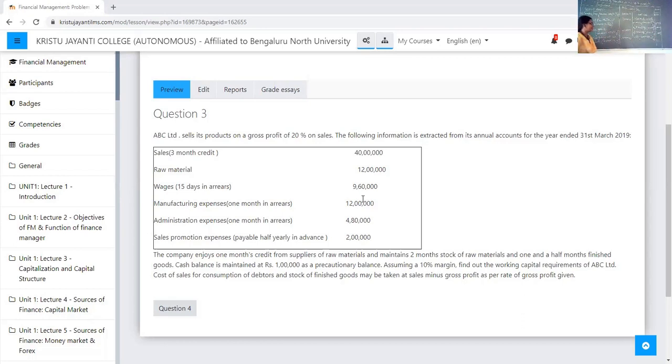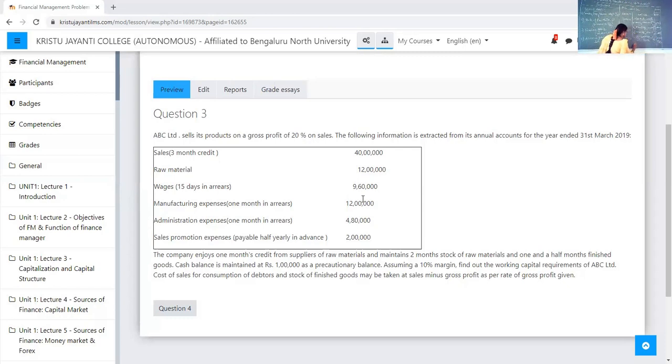How much? 1 lakh, right? Any other current liability? No. Find out the difference, which is the working capital requirement. It's 13,20,000. Okay, good. 13,20,000 is working capital required.